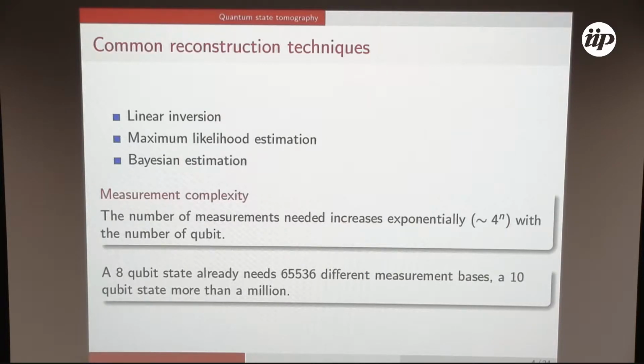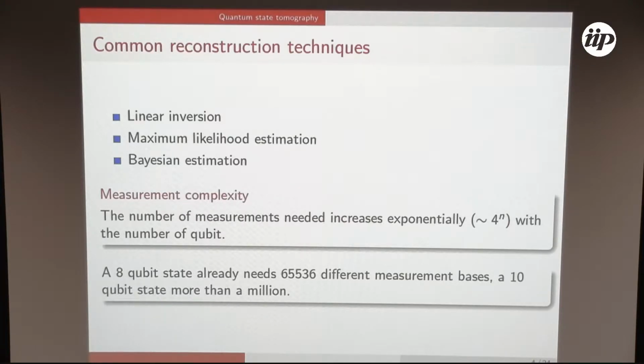It means that it's experimentally challenging to do a state tomography even for an 8-qubit dimensional system. But it can also be seen as a theoretical problem, because it means that my theory, to make predictions, needs an exponentially increasing number of observations, which can be a bit strange.